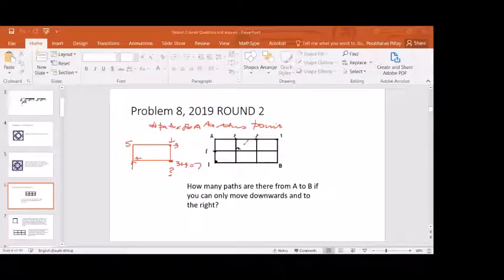Likewise, this plus this will give you that. 3 plus 3 is 6. 6 plus 4 is 10. So if you apply this principle several times, you can come very quickly to this answer without having to count all these paths. So there are 10 paths from A to B.